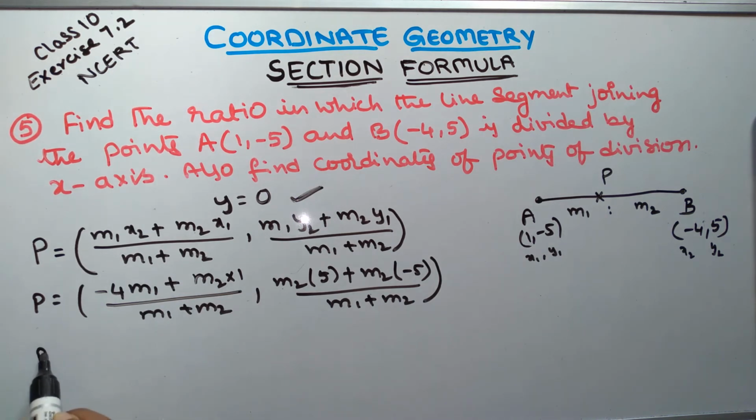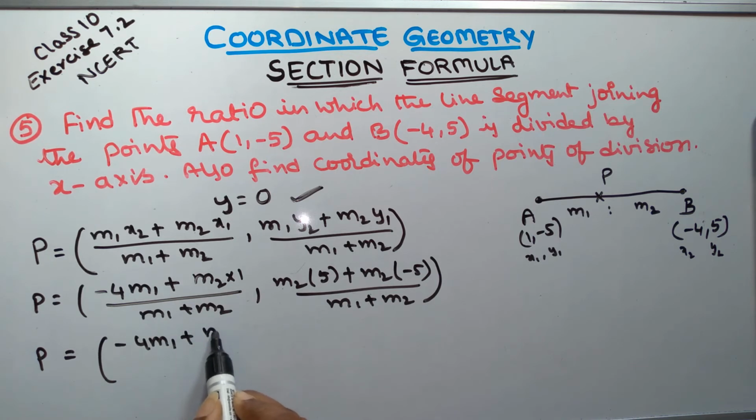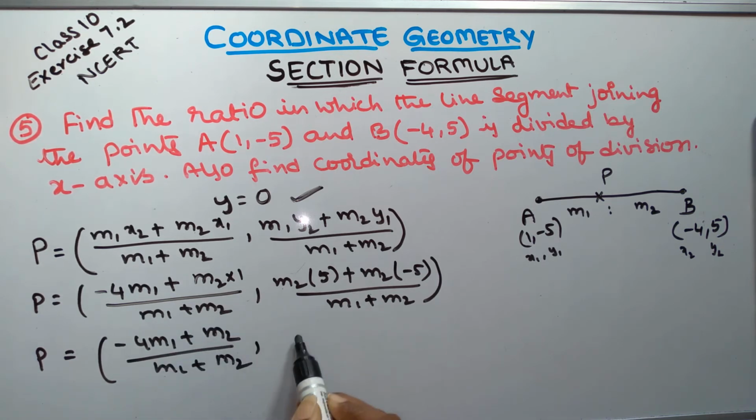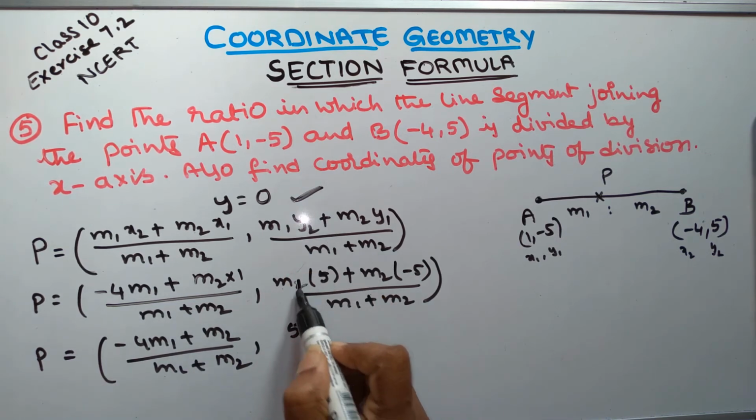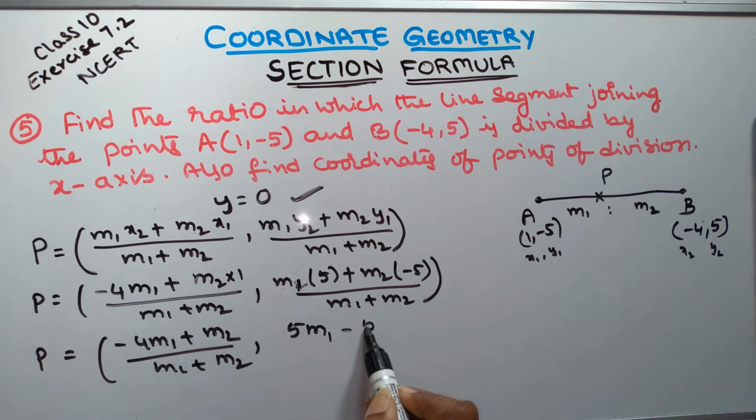So we have (-4 M1 plus M2 by M1 plus M2, comma 5 M1 minus 5 M2 by M1 plus M2).